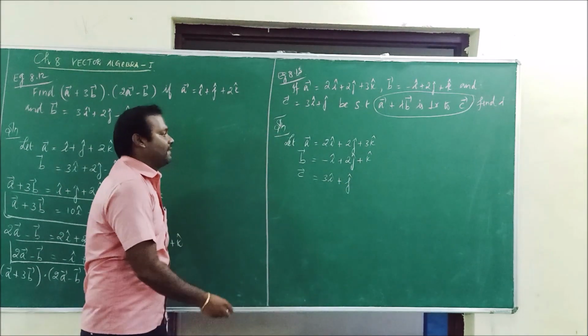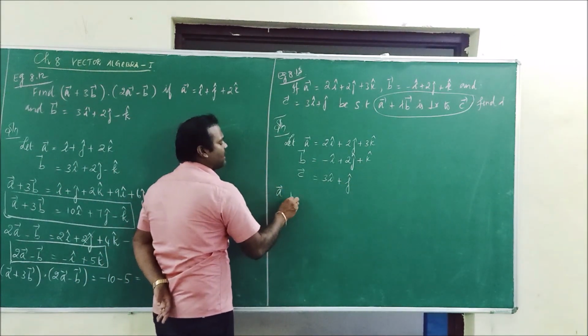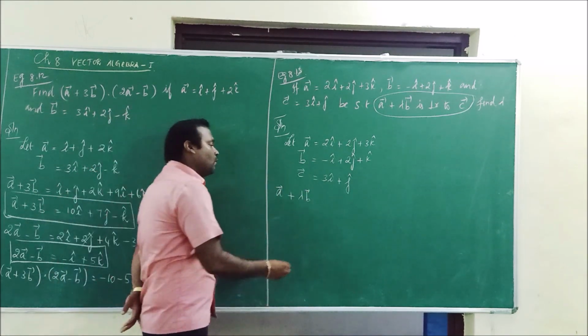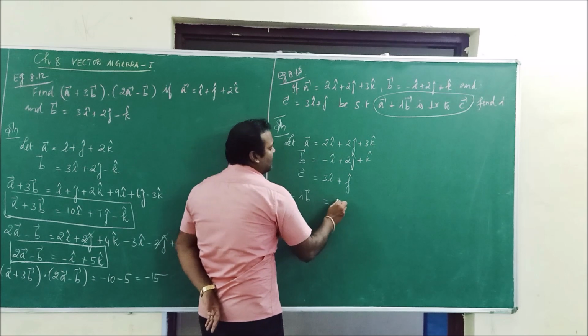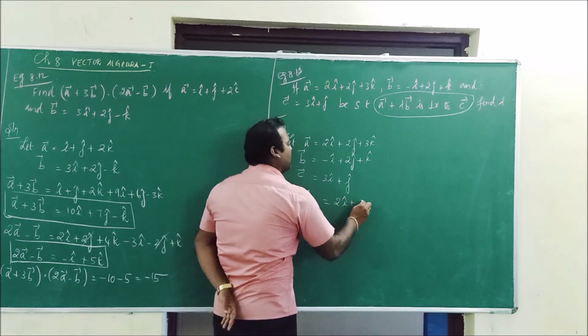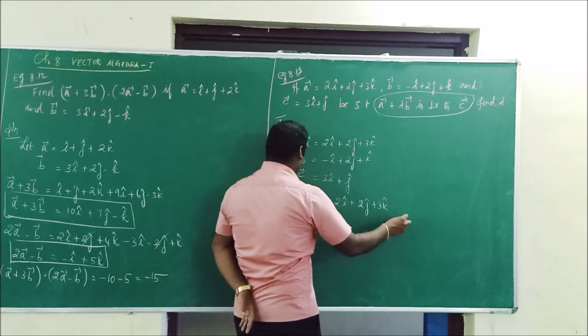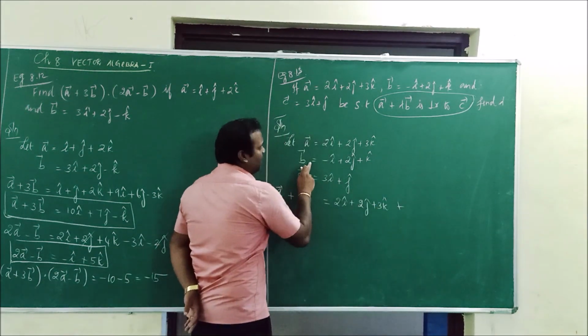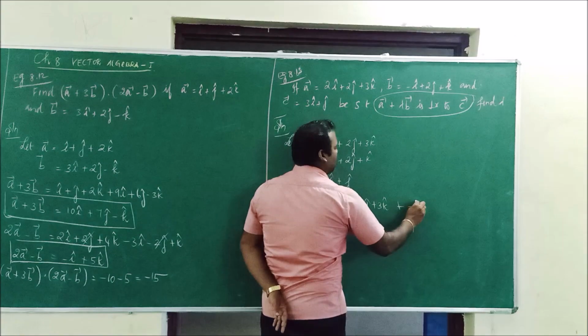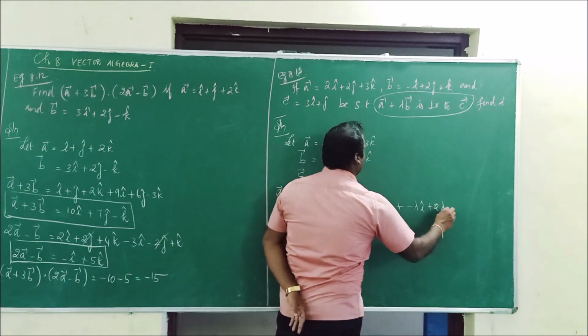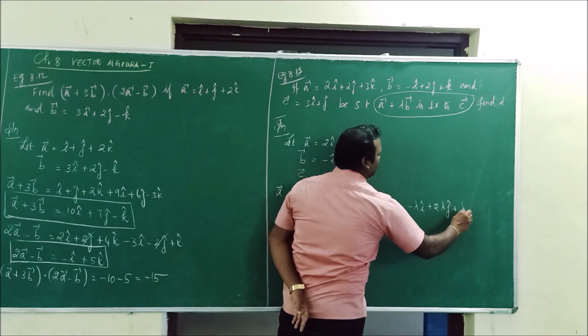First, let us find a vector plus lambda times b vector. Which is equal to a vector, 2i cap plus 2j cap plus 3k cap, plus you have to multiply b vector by lambda, so that you will get minus lambda i cap plus 2 lambda j cap plus lambda k cap.